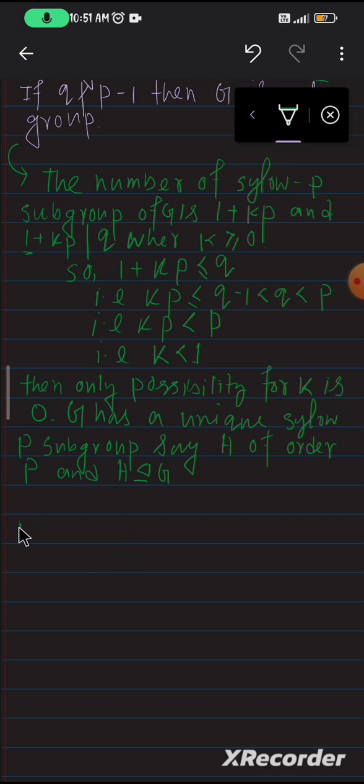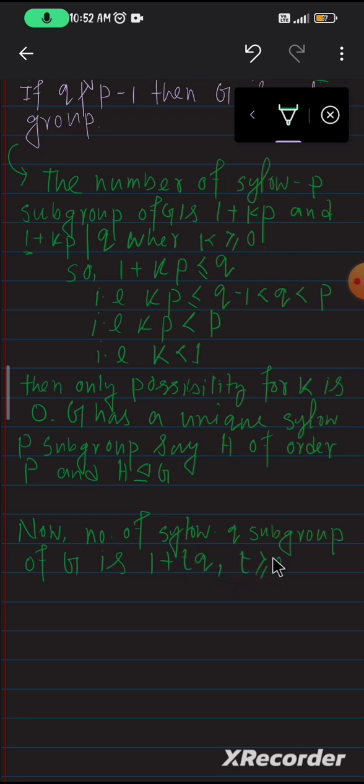So now the number of Sylow Q subgroups of G is 1 plus, let us say, TQ, where T is a non-negative integer, that is greater than or equal to 0.